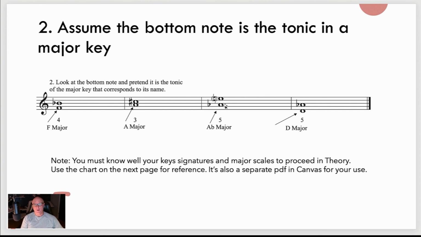No. So it's going to be an altered interval, a chromatically altered interval, and it's not going to be diatonic. Same thing is true for D. Doesn't have an A flat. It's not diatonic to the key of D. So that is an altered interval. So you really need to know your key signatures. And I have a chart for you for reference. It's also a separate PDF in Canvas for you to use.